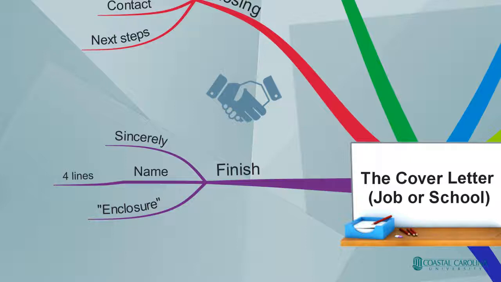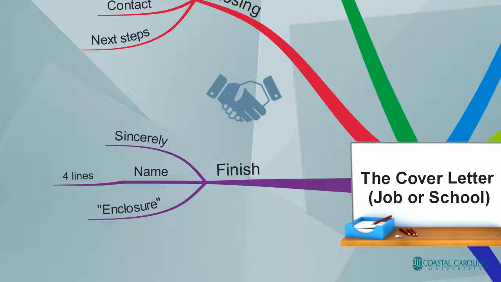If there are any enclosures, such as a resume, which there probably is, or if there are multiple enclosures, you write the word enclosure under your signature if there's a single enclosure or another attached file. If there are multiple enclosures or multiple attached files, you write the word enclosures, and you might put a number.